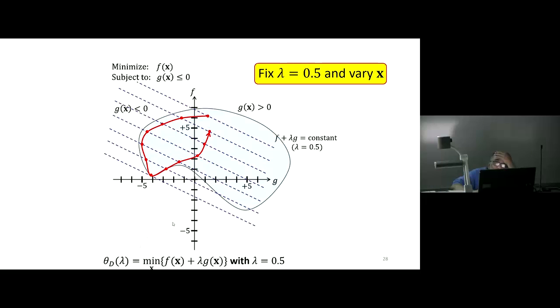So this was the point where I got the minimum of f(x) plus lambda g(x). So this is the minimum value of f plus lambda g. And that's, by definition, the minimum with respect to x of f plus lambda g, which gives you theta d corresponding to lambda equals 0.5. Are we clear?